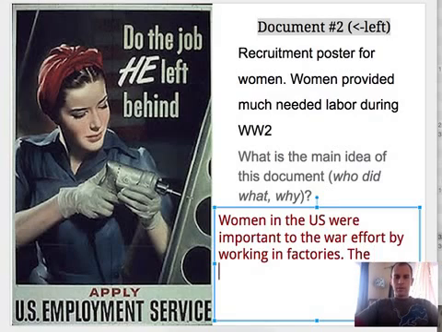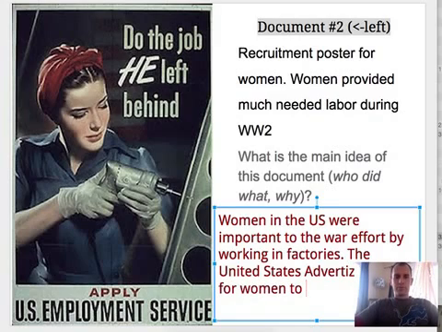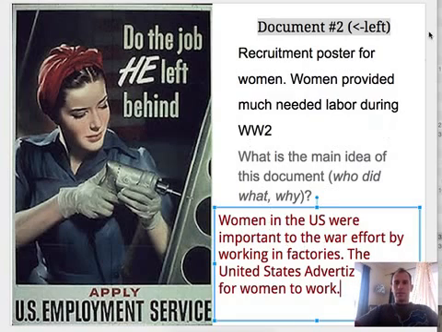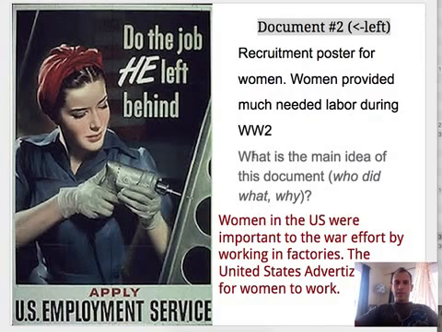The United States advertised for women to work. And that's it. And this is actually probably even a little bit more detailed than necessarily what you need. Let's look at this, break this down.